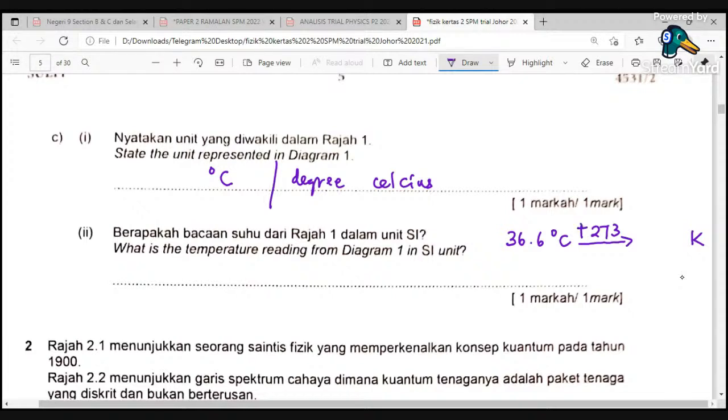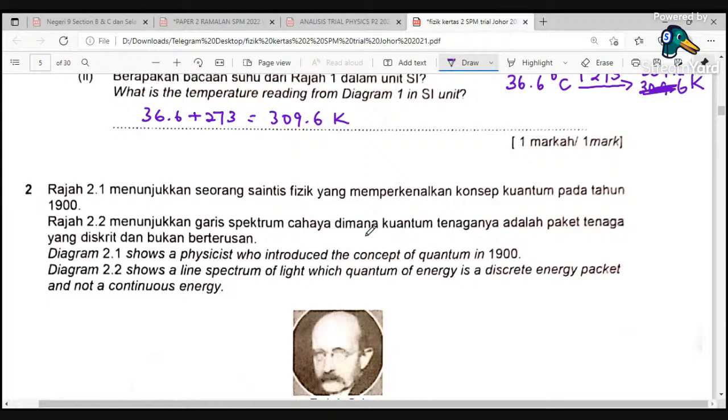So you just add, and you will get the answer, 309.6 Kelvin. Write the unit correctly. No unit, no mark.